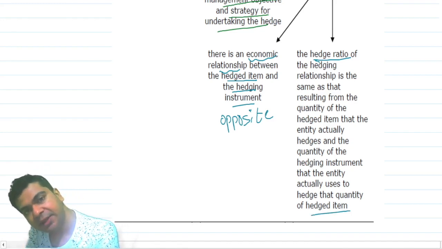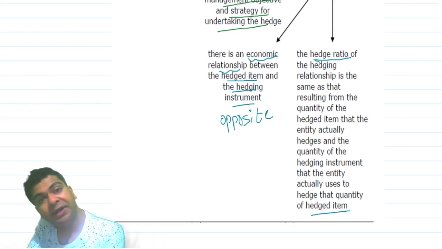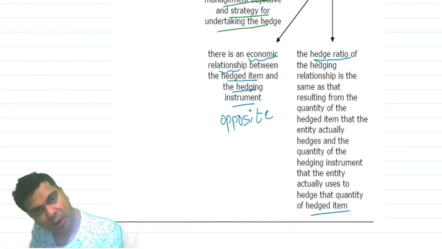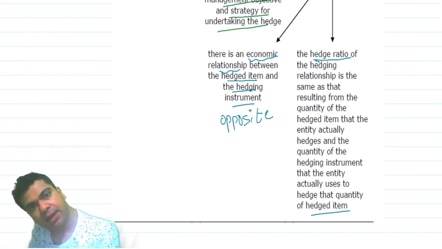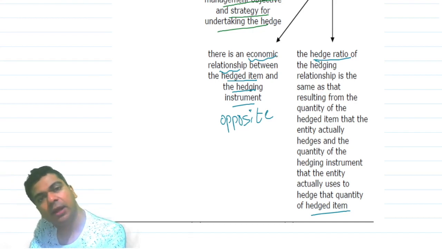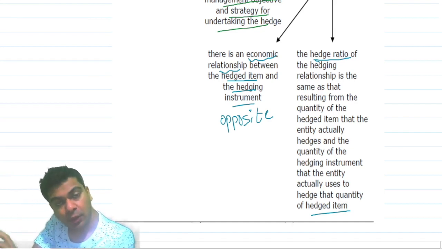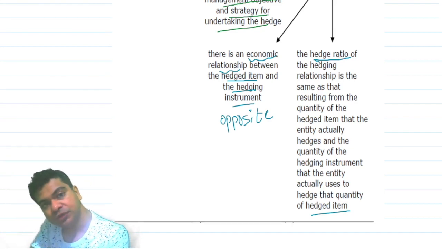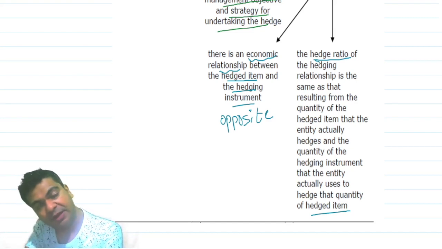So what they are saying is that the hedge ratio should be effective. The quantity of the hedged item and the quantity of the hedging instrument should be sufficient so that the hedge can be carried out effectively. As I was saying earlier also, let us say you are selling 100 options and you are hedging it by buying some shares, or some equity instrument of another entity.